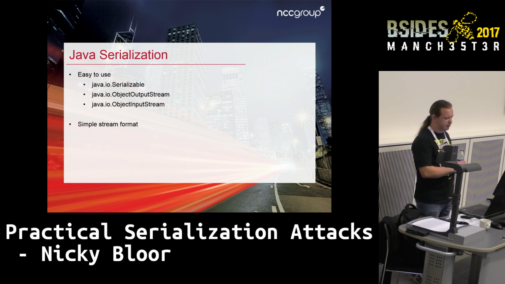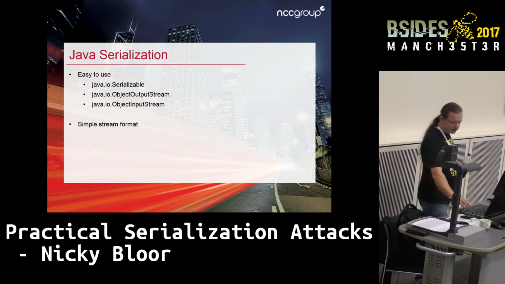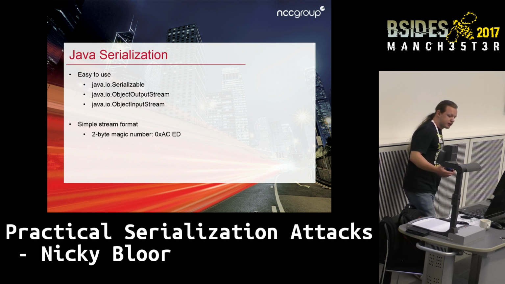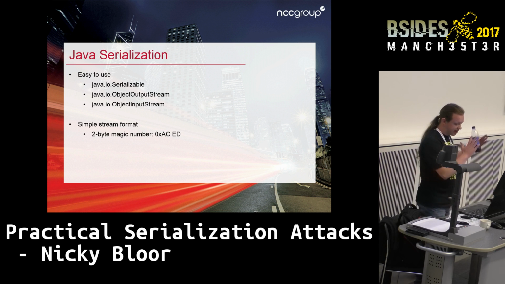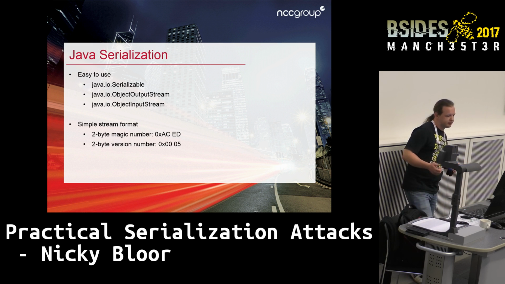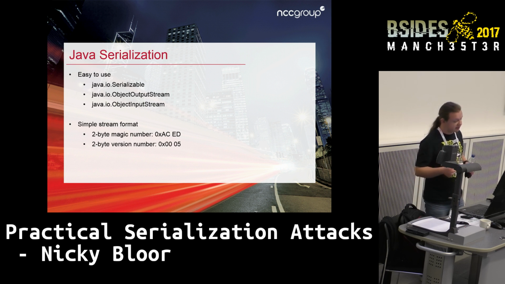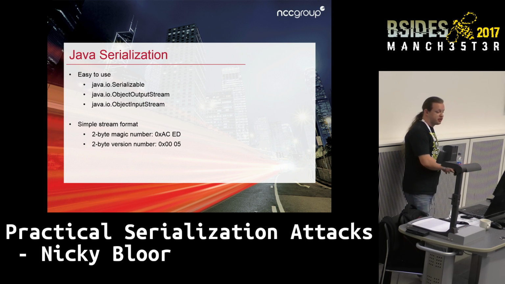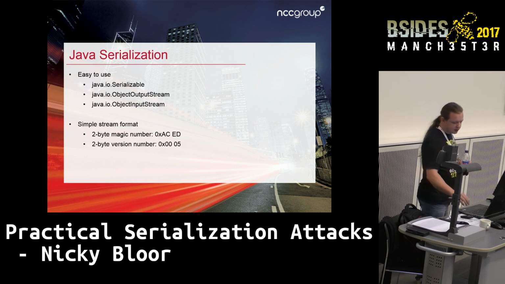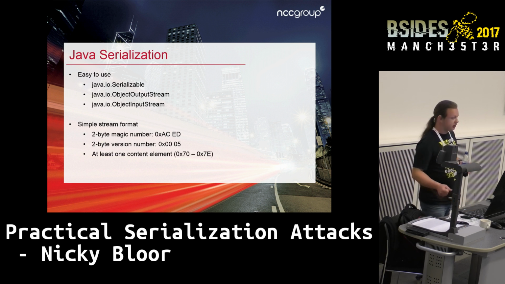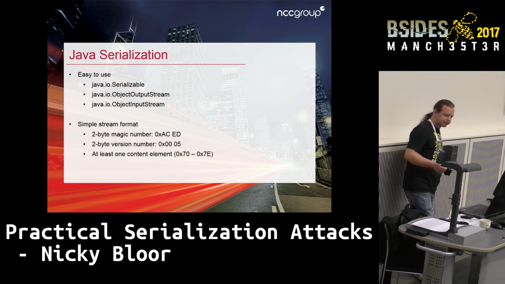The actual data format can be described as a simple stream format. It starts off with a 2-byte magic number, hex ACED, which should be at the start of any serialization stream. That's followed by a 2-byte version number. I've only seen version 5. There might be older versions, in future there might be newer versions. And then following that, there is at least one content element.